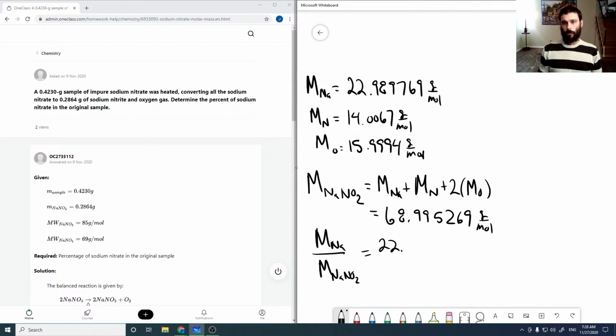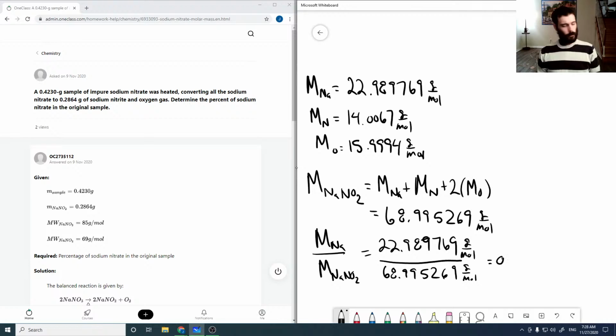So that's 22.989769 grams per mole divided by 68.995269, which is 0.3332079.